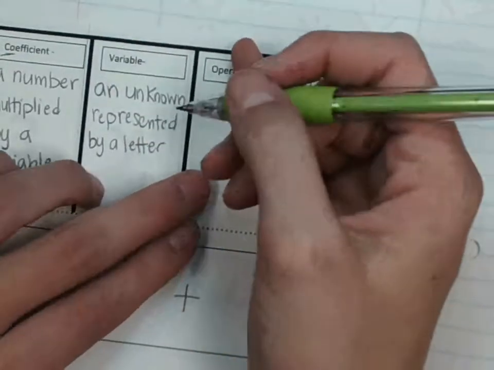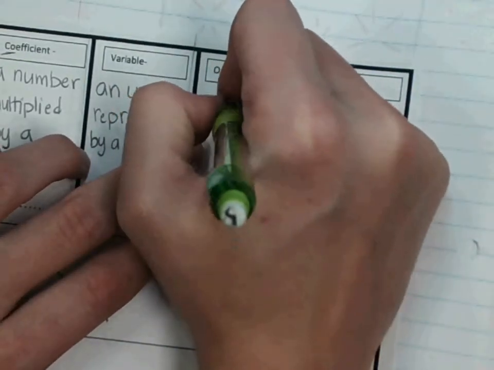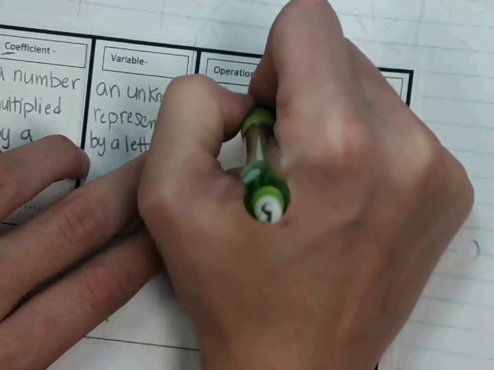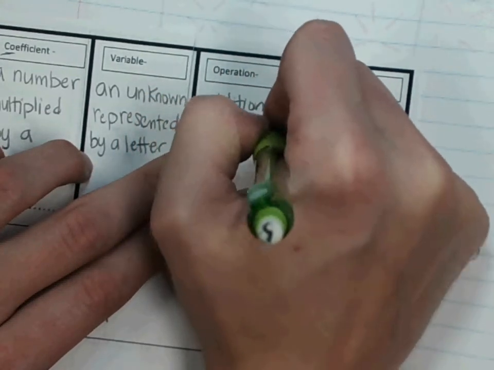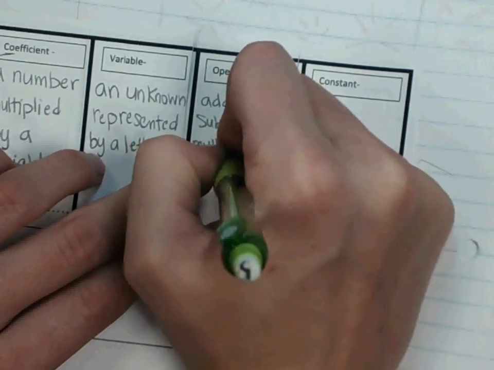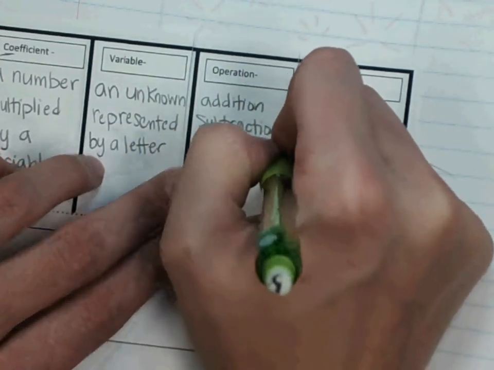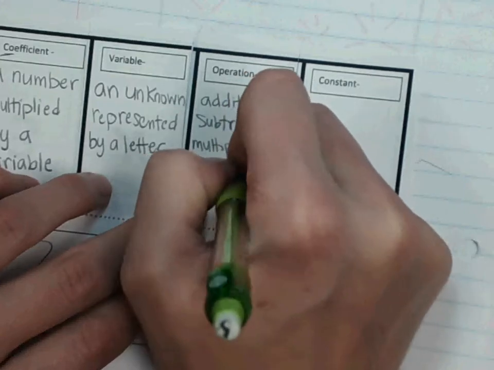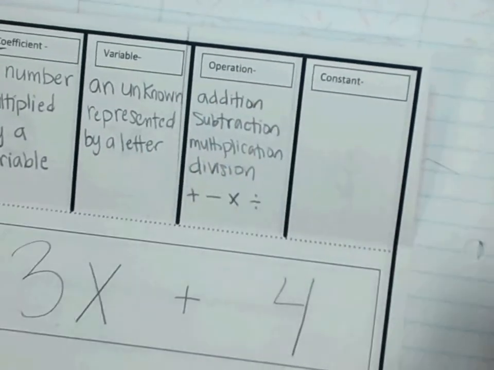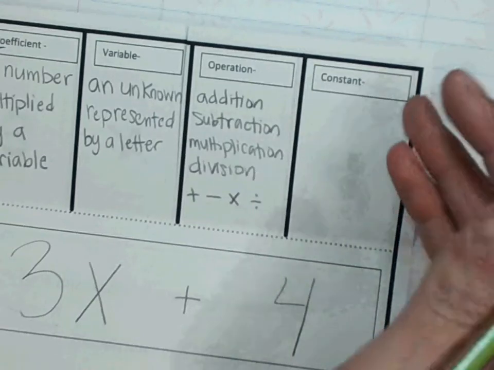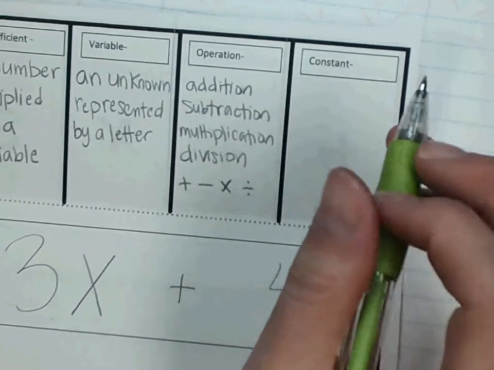Okay? Alright, operation just means either addition, subtraction, multiplication, or division. Your operation is just what's being done to these numbers. Okay?